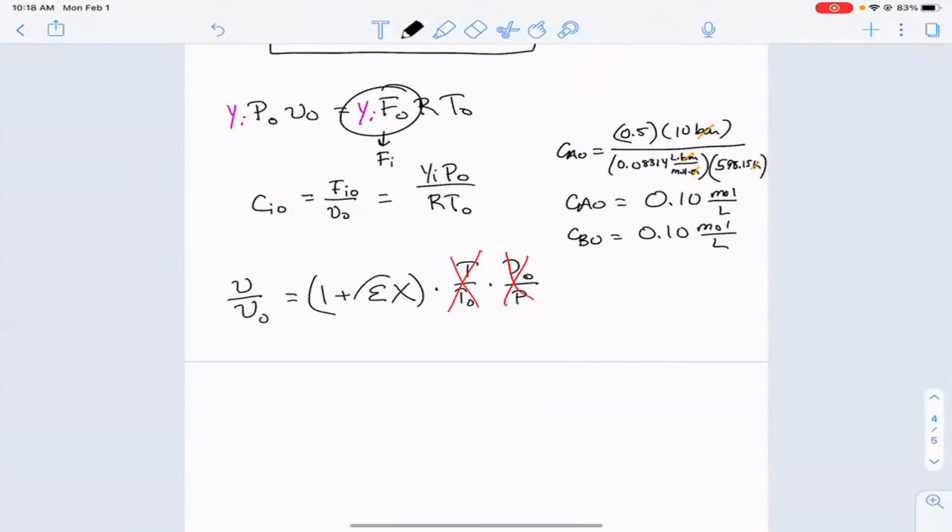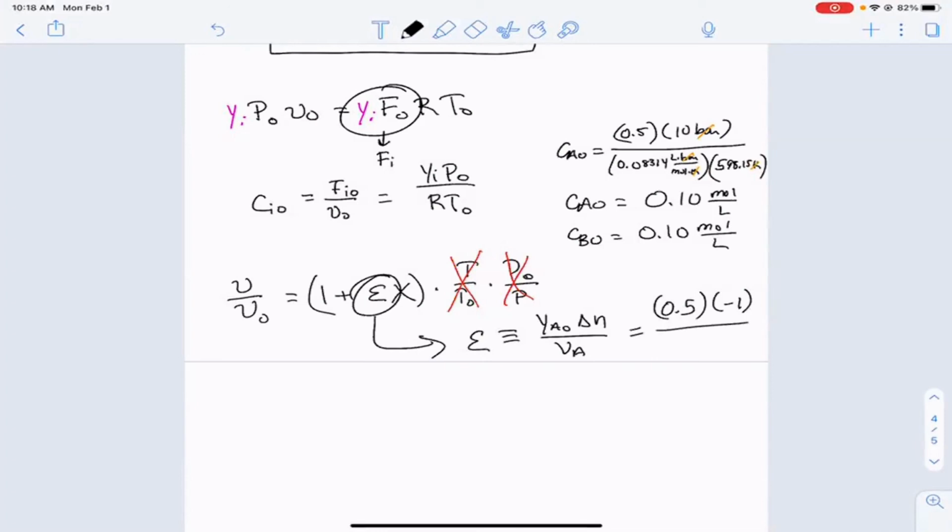So let's calculate epsilon, okay? And remember, epsilon we defined as YA0 times delta n over the stoichiometry of A. So if we do that for this problem, YA0 was 0.5. For A plus B goes to C, delta n is -1, right? Because we have 1 mole of products and 2 moles of reactants.